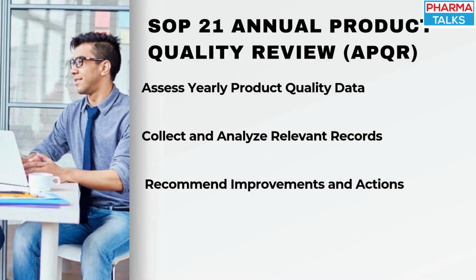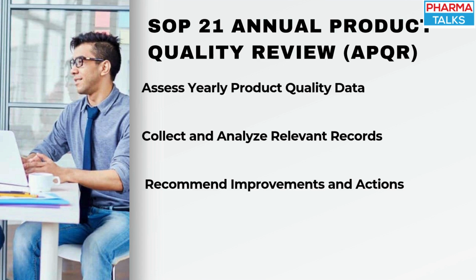SOP number 21 describes the procedure for conducting an annual product quality review, APQR. This review is performed to assess the overall quality of a product over the past year, including manufacturing data, quality control results, and any deviations or complaints. The APQR is important for ensuring the product's quality, safety, and consistency, as well as identifying any trends or potential issues that may require corrective action.